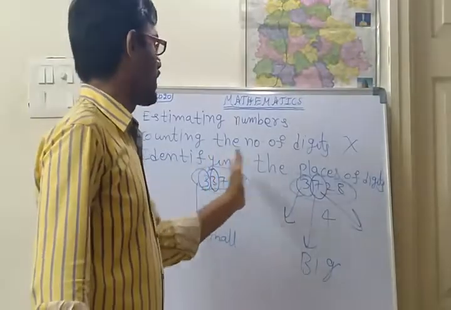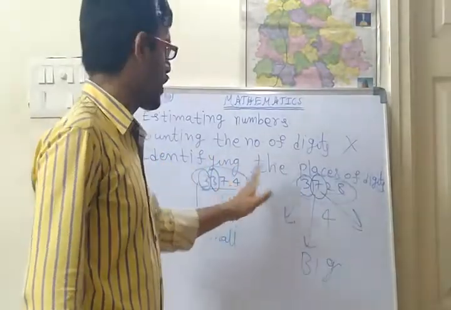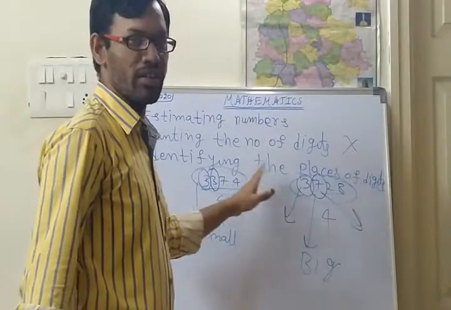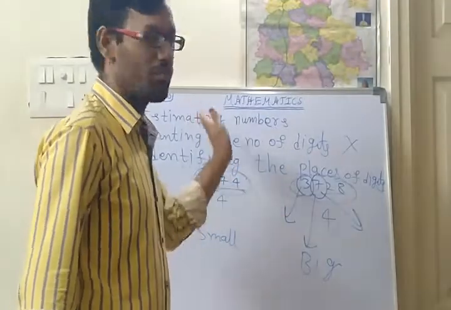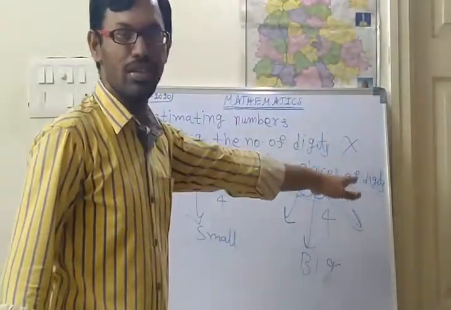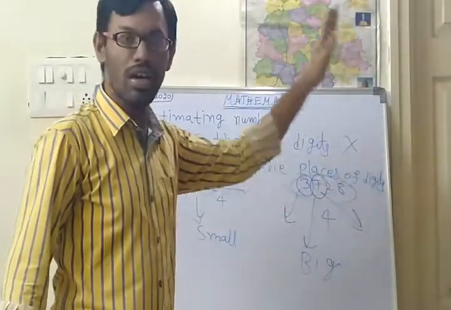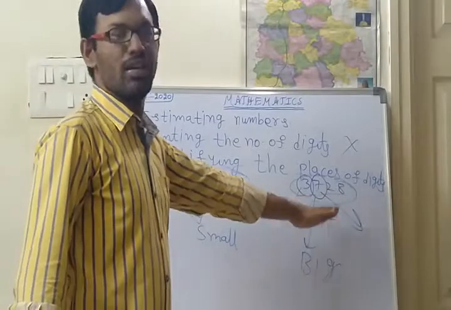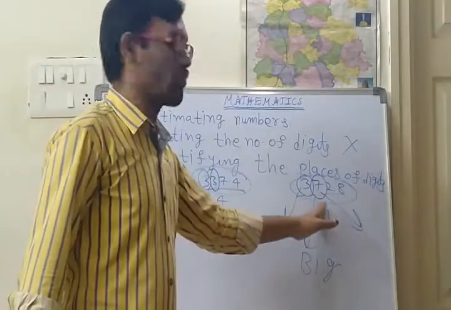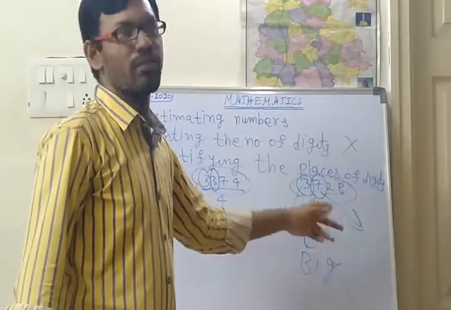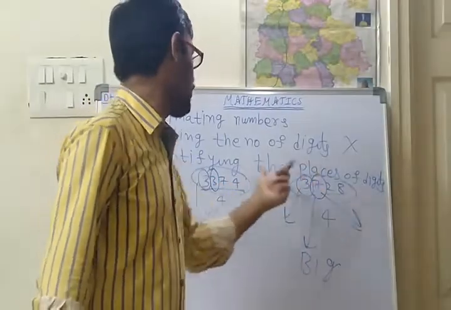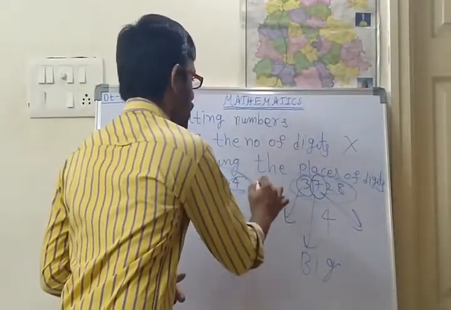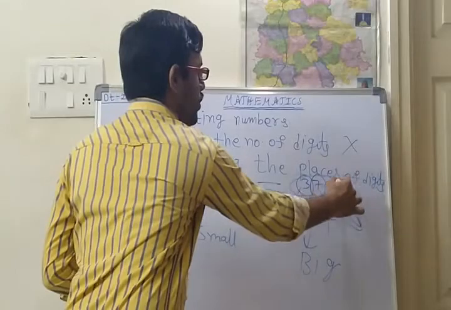If the second digit is also the same in the two numbers, you should take the third digit. If the third digit is also the same, then you should take the fourth digit. Like that you should continue the series until you get the final result. Somewhere some digit will be different. If all the digits are the same, the two numbers are equal.